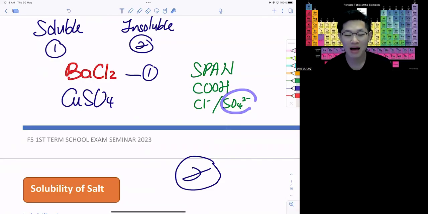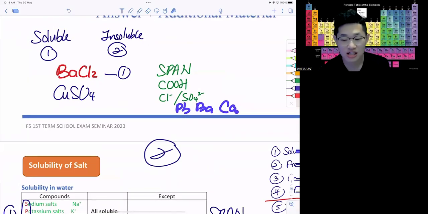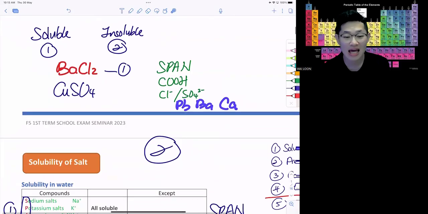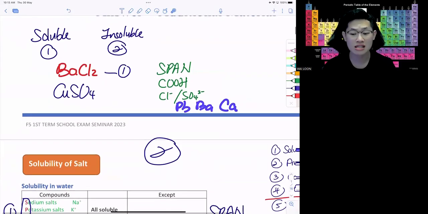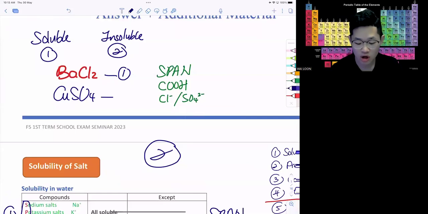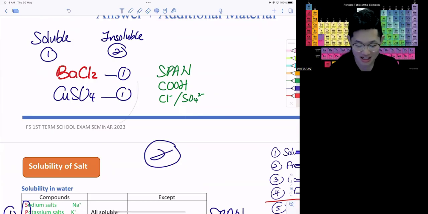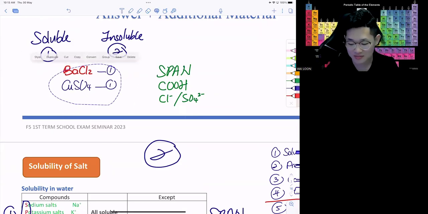Sulfate cannot pair with PBBACA. Just like I just told you, China is Ca, it is not Cu. So this one is Cu, obviously. Soluble. Okay or not? Okay, then next one.